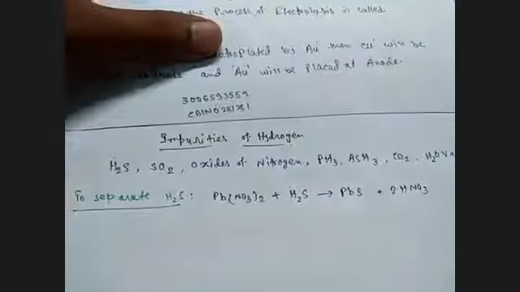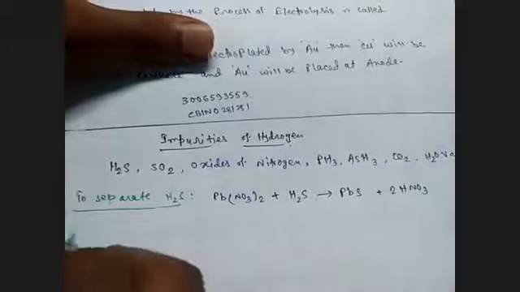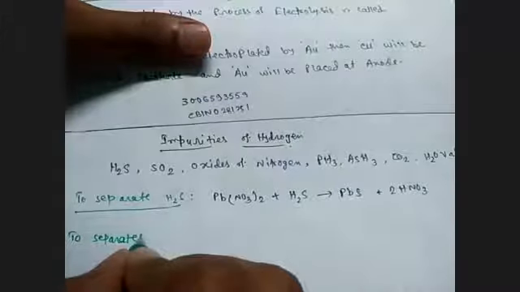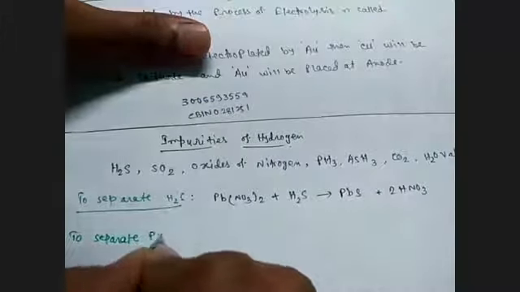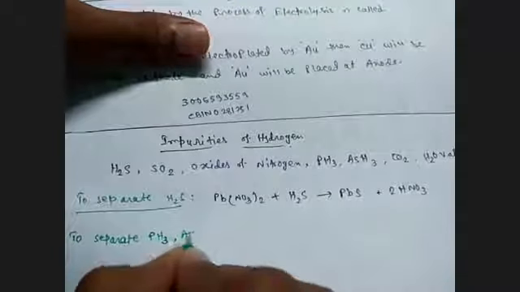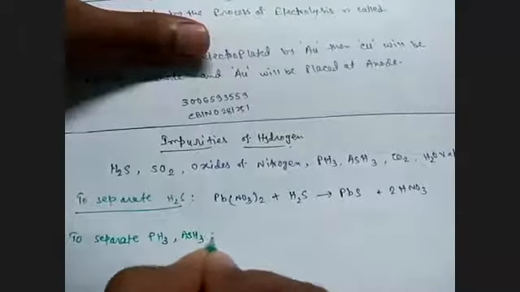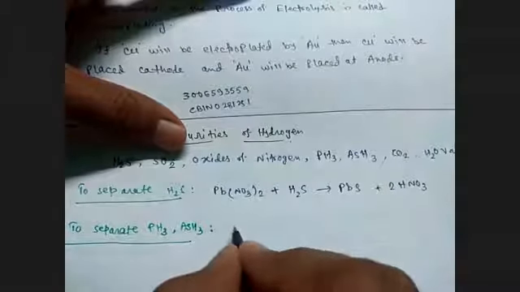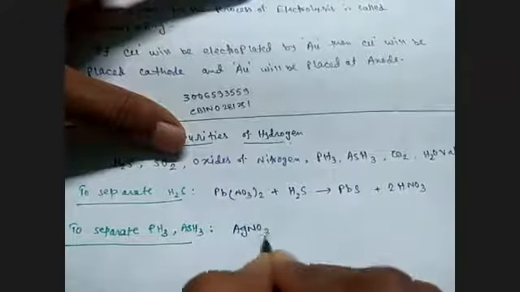Next, to separate phosphine and arsine, we need to pass the hydrogen through silver nitrate solution.